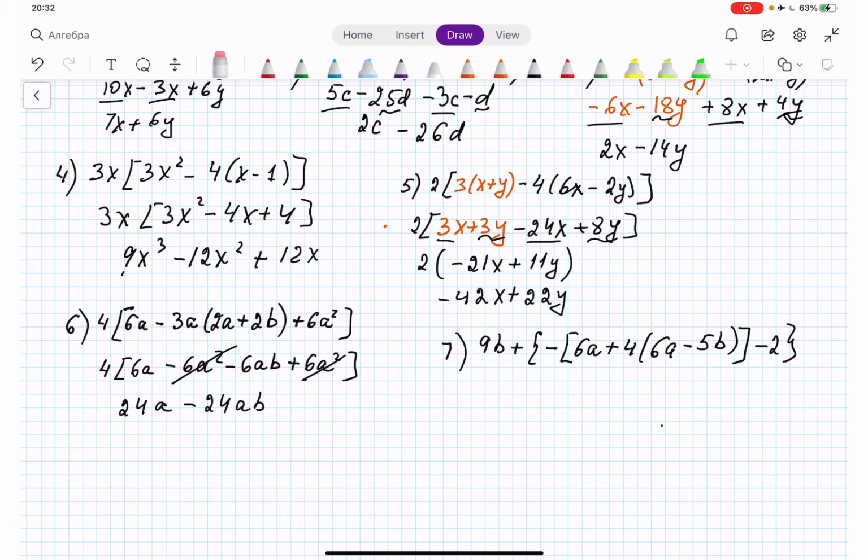All right, let's solve it. So 9b plus, I'm going to change the color for this one.